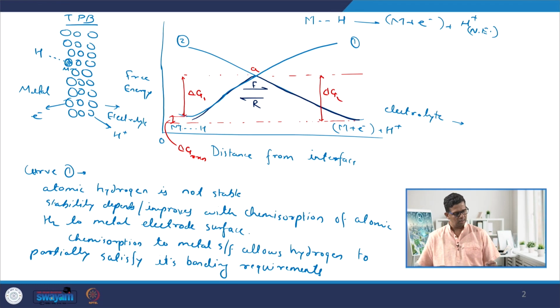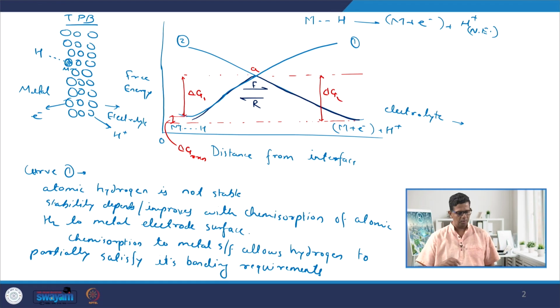And as and when we take this chemisorbed hydrogen away from the interface, its free energy increases, which is shown by curve 1. And if we take the example of the product species, that is M plus e minus plus H plus, we can primarily concentrate on the proton, which is very stable in the electrolyte domain. If we take this proton closer to the metal interface, which says 0, that is distance from the interface, we can see that its free energy increases.